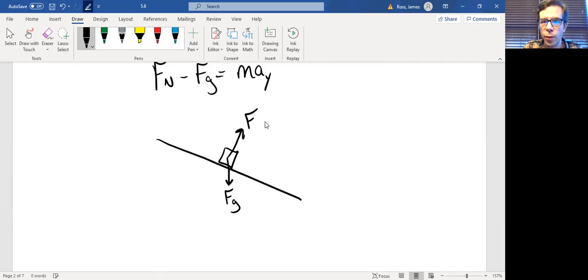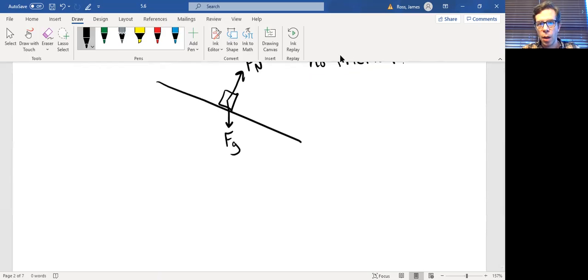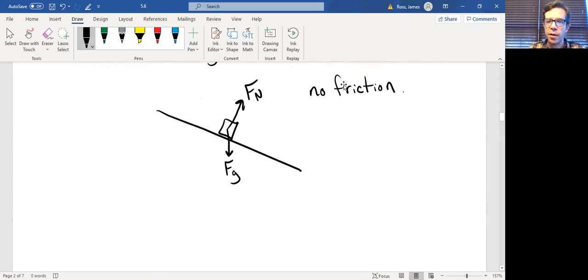I know I've got a normal force. And if it's not accelerating, then there has to be some other force. Let's just for now say that there's no friction, since we haven't really introduced friction yet. So here's kind of my physical sketch. So let's do a free body diagram now.